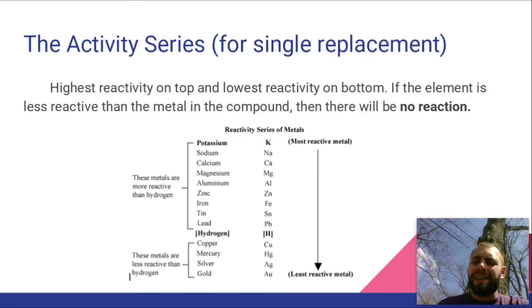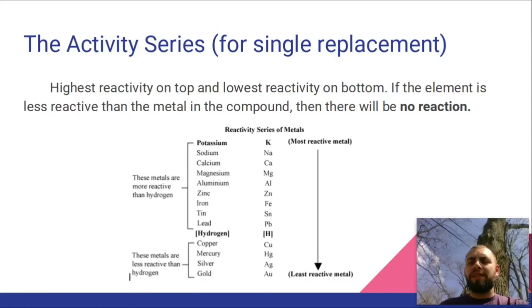How likely is it to react? If something is reactive, it means it's unstable. If something is non-reactive, that means it's stable. Stable things are less likely to react. Unstable things are more likely to react.